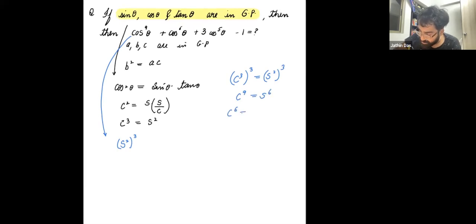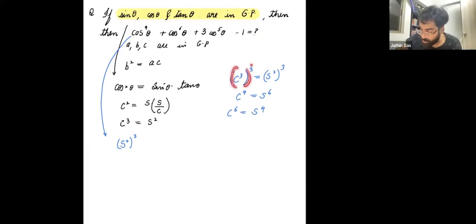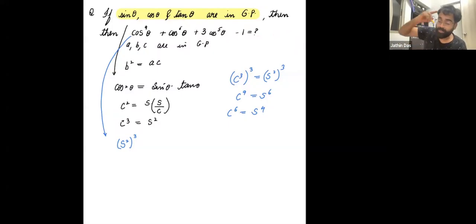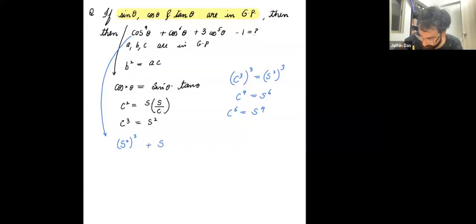Now cos raised to 6 will be sin raised to 4. When you raise to a cube, the powers will multiply. A raised to m, raised to n is a raised to mn. So this will be like that, plus this will be sine square raised to square.